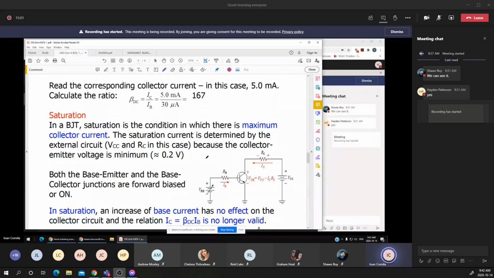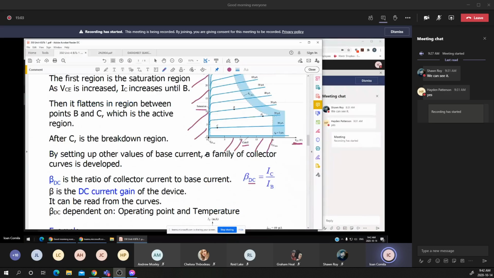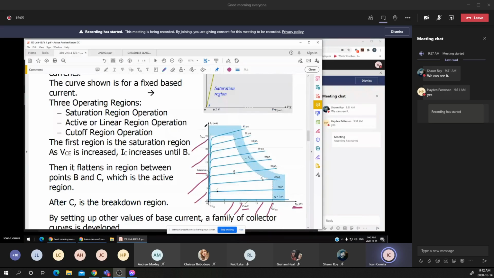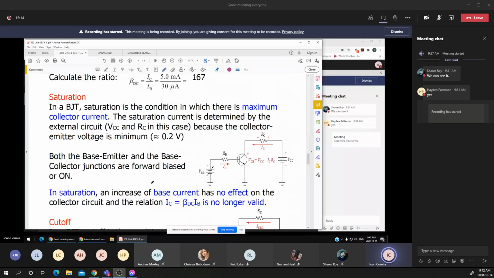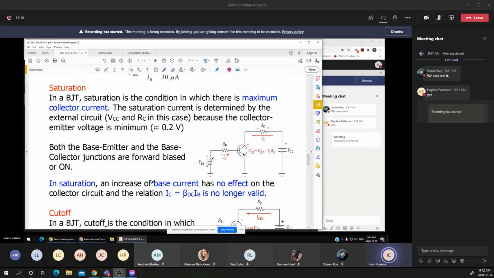Now, the first region, and remember that on the left side of the IC, or the y-axis, we have the saturation region. Let's try to understand what saturation means, taking an approach from day-to-day use.